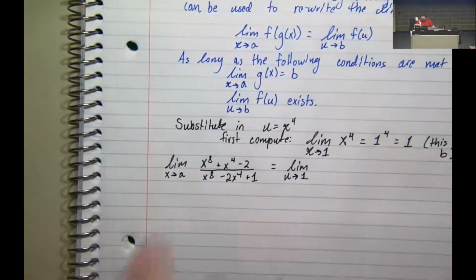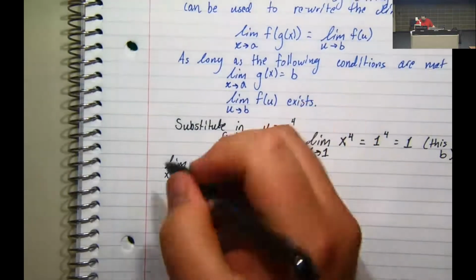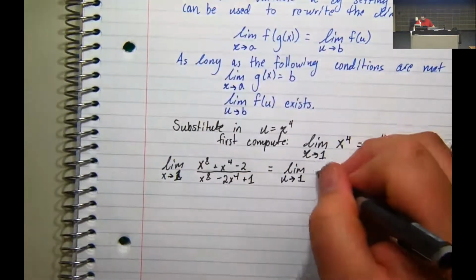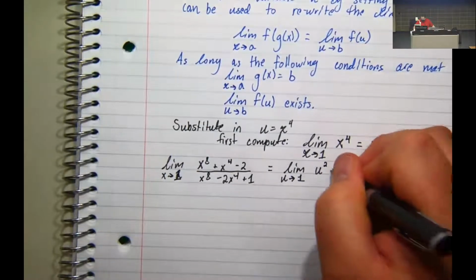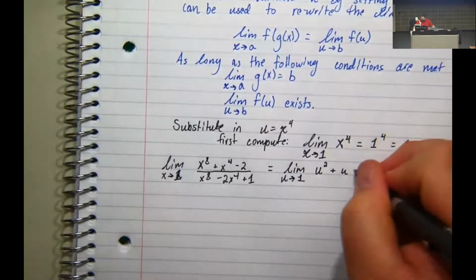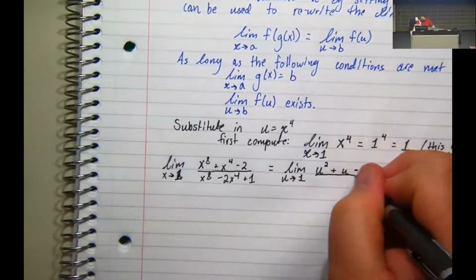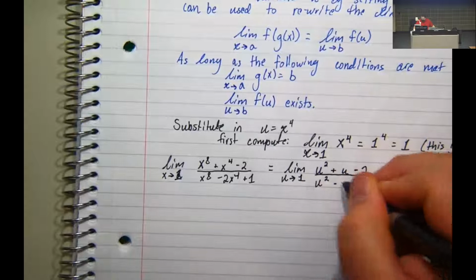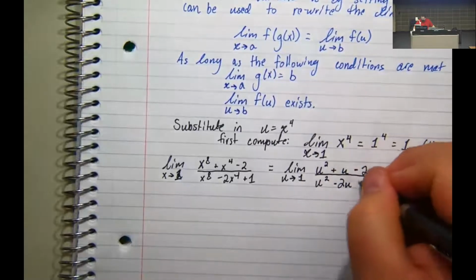It's the same value. This a was also 1. Of, if we put this in here, that is just u squared plus u minus 2 all over u squared minus 2u plus 1.